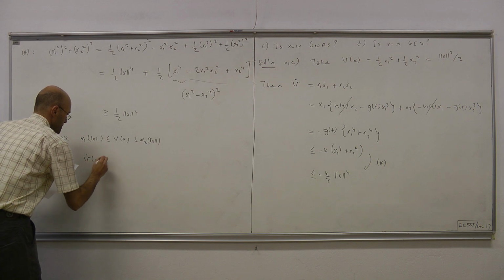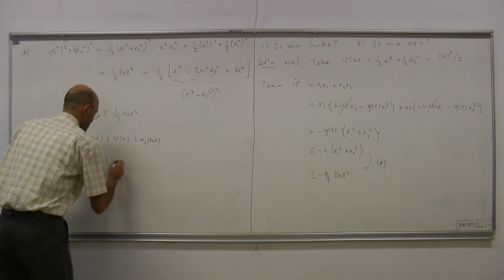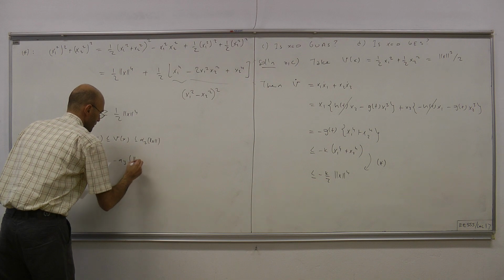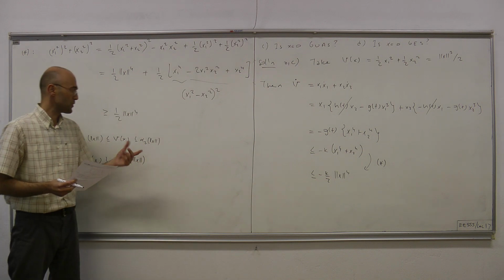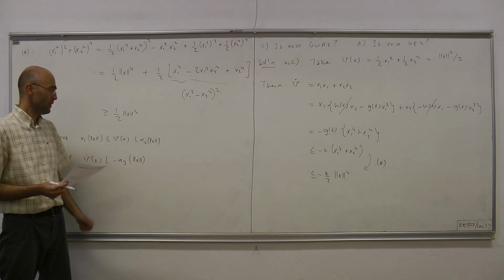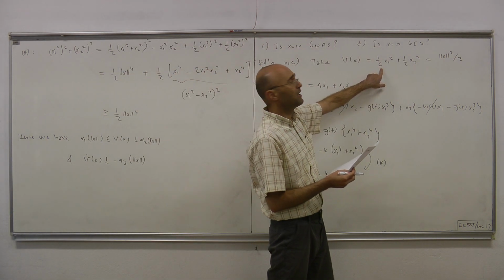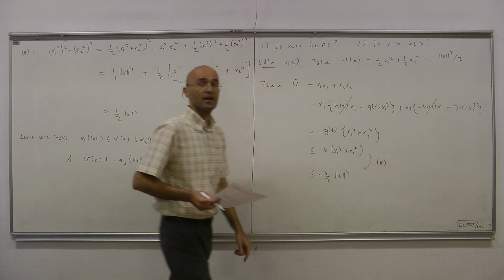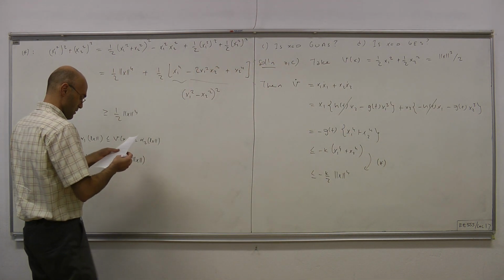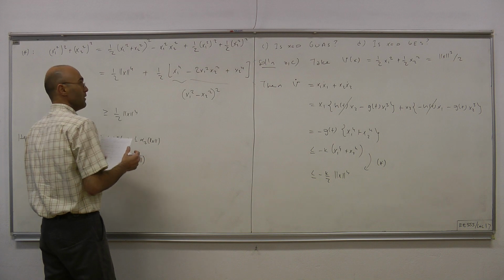And b dot of x less than or equal to minus alpha 3 of norm of x. Now, the question is, what are the alphas here? Alpha 1 and alpha 2 are directly s squared over 2.